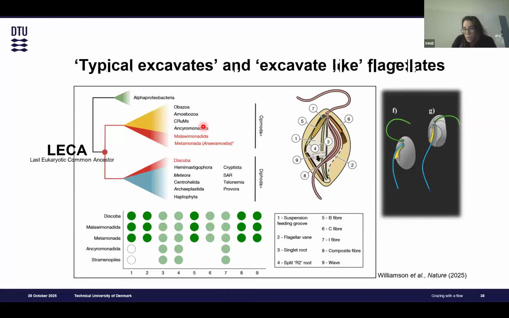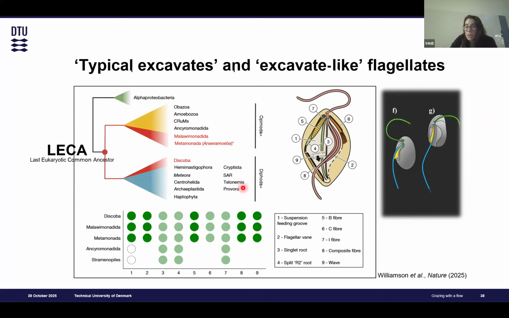Then there are two questions here. First, how are they using these feeding structures? Because we've well defined how the typical excavates are using them, but are these organisms also using them in the same way, producing flows to be able to capture their food? And the second question is, how have these organisms evolved to have these structures?